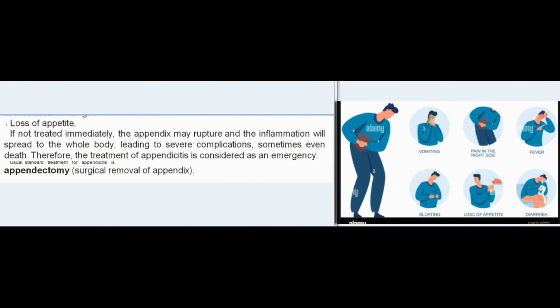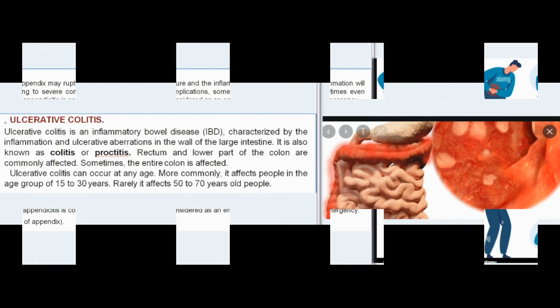If not treated immediately, the appendix may rupture and the inflammation will spread to the whole body, leading to severe complications, sometimes even death. Therefore, the treatment of appendicitis is considered as an emergency. Usual standard treatment for appendicitis is appendectomy, surgical removal of appendix.